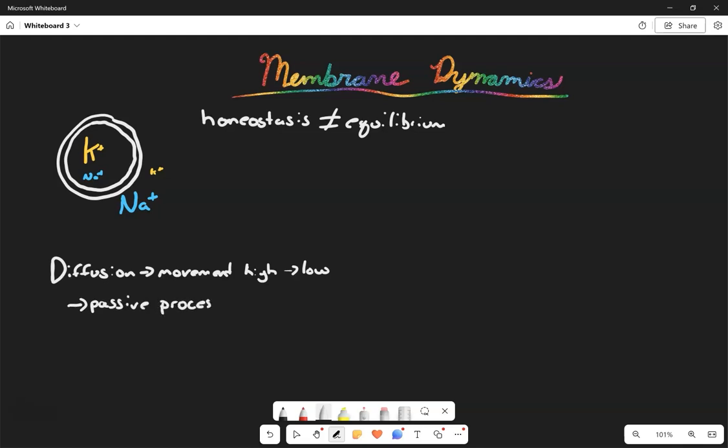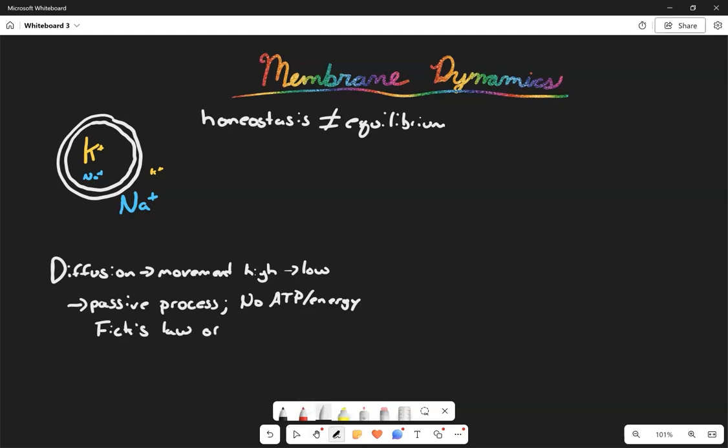And what does that mean to be passive? That means that it requires no energy input, and usually that energy source is in the form of ATP, right? No ATP, or we'll put energy here because ATP is not the only source of energy. Requires no energy.